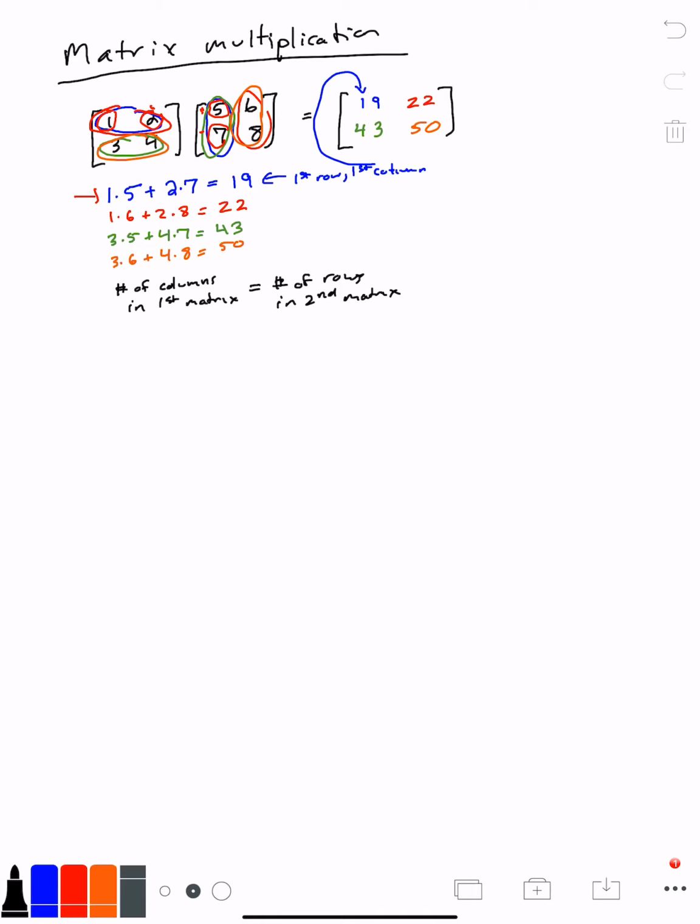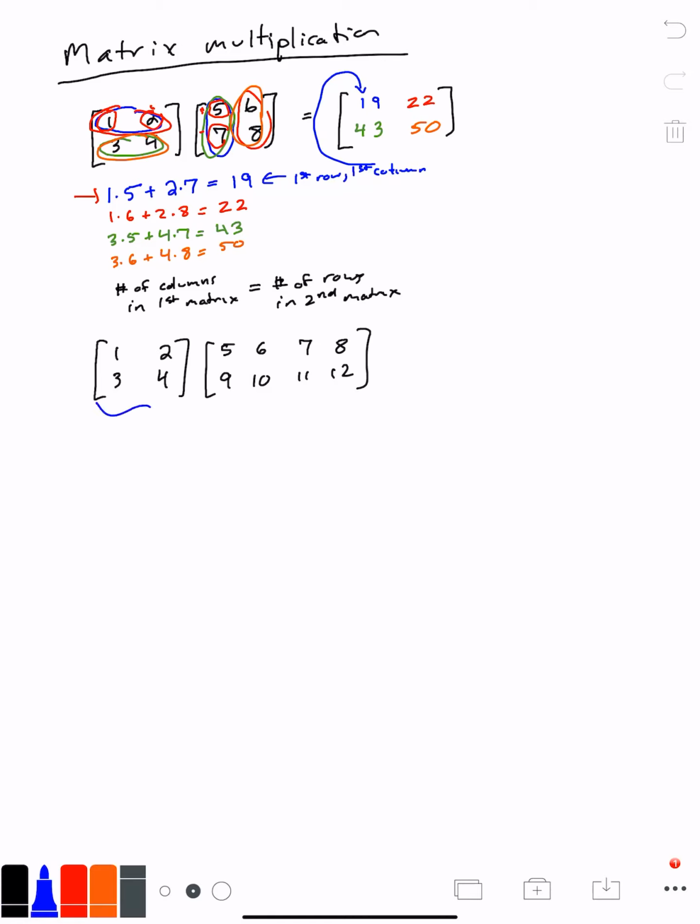Let's do another example here. Let's do 1, 2, 3, 4 by 5, 6, 7, 8, 9, 10, 11, 12. And so let's just check our sizes here.